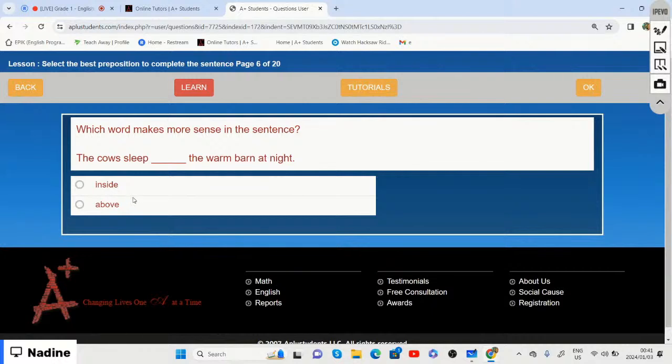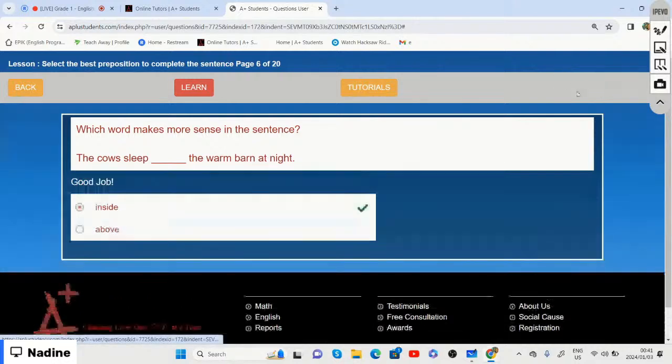All right, so we can then say the cow sleeps inside the warm barn at night. Not above, because above means it's on top of the barn, right? But it is inside the warm barn at night.